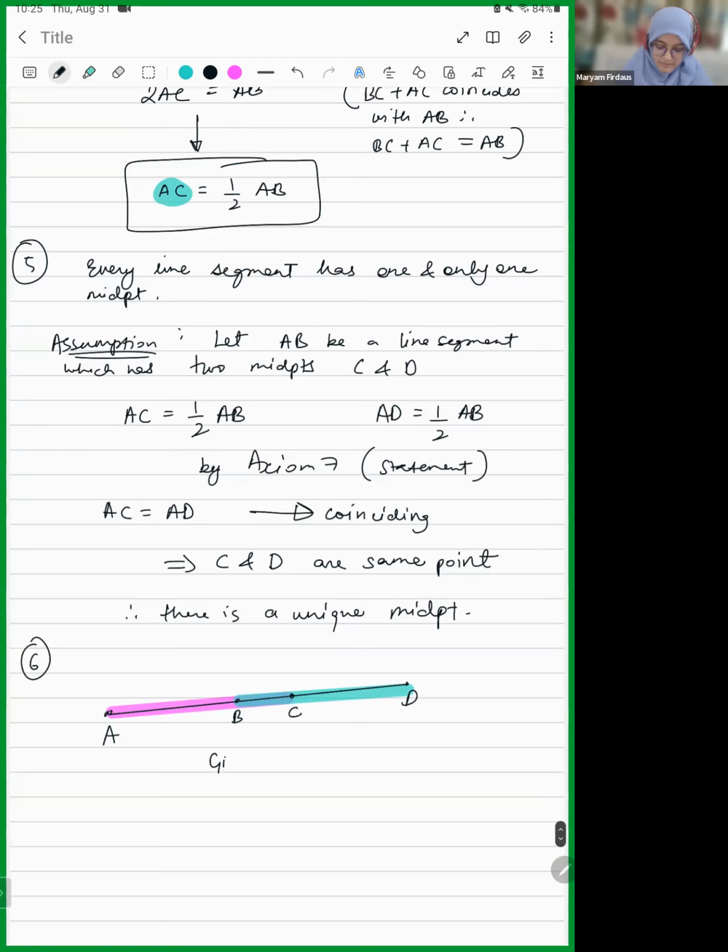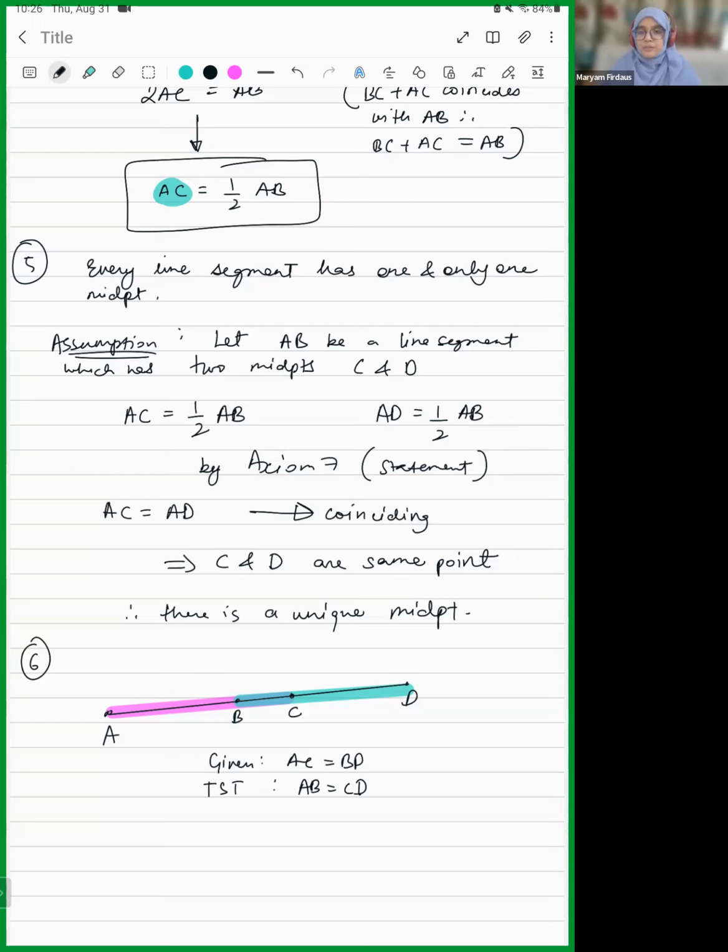Given AC is equal to BD, to show that AB is equal to CD. Which axiom do you think you have to use here?